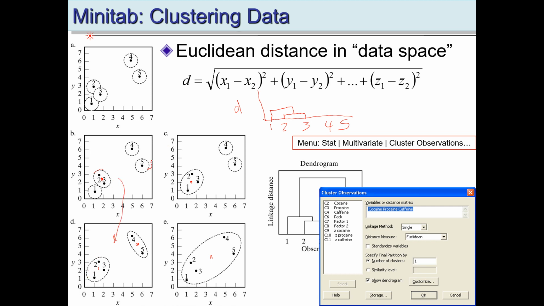Mark an X, do that. Then we redo the analysis and we see 4 and 5 are combined. So when we go to here, we have a mark, and it's a further distance than those other 2. And then last, we have everything combined together at the distance between those two.